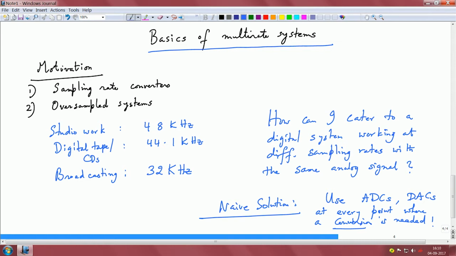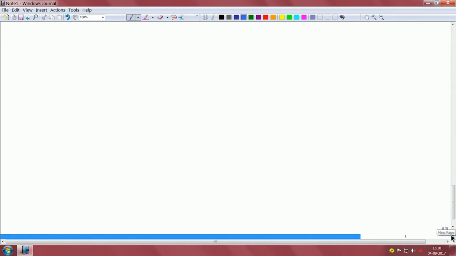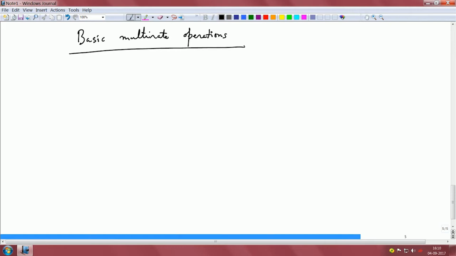Now, with this motivation in mind, let us see what are the basic operations in multirate signal processing. So, when we say multi-rate, we mean that we are changing the sampling rate. So, the idea is clear.